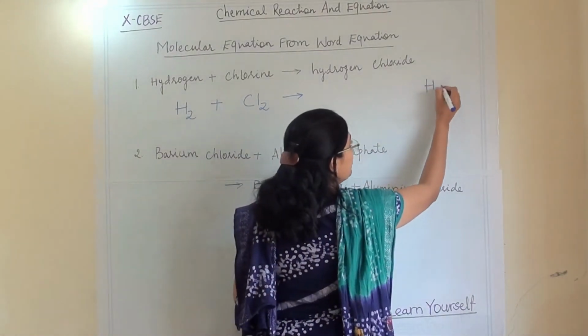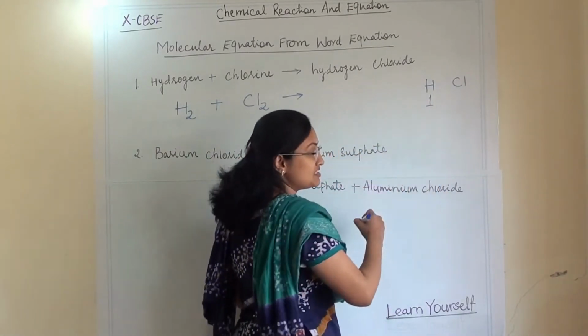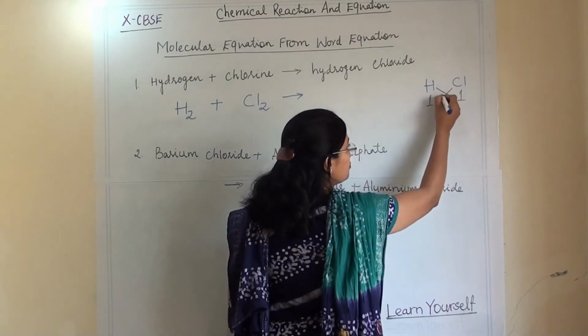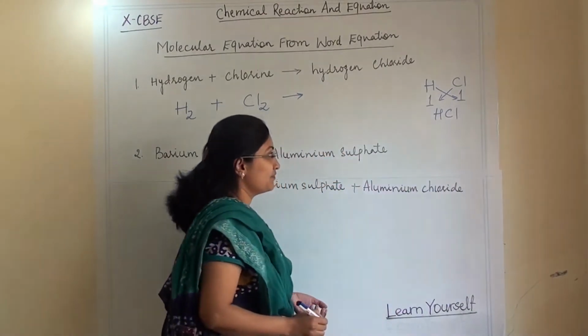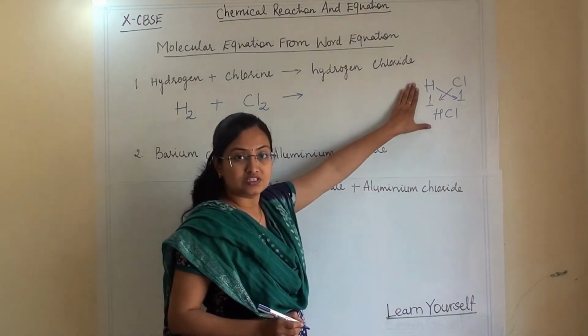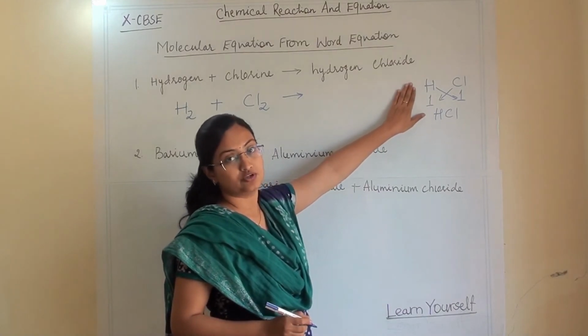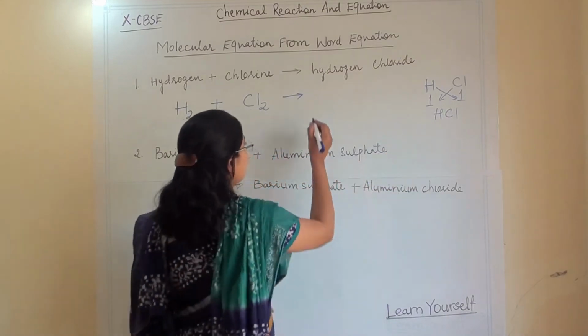So how to write the molecular formula of hydrogen chloride? H's combining capacity is 1, Cl's combining capacity is 1, so via the crisscross method we will get HCl. If you don't know this, please check my video based on how to write molecular formula. So our molecular formula is HCl.